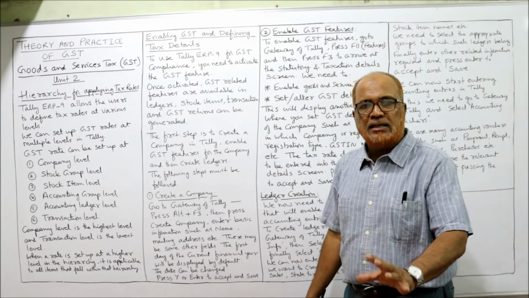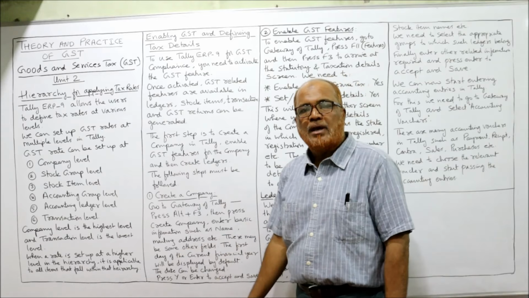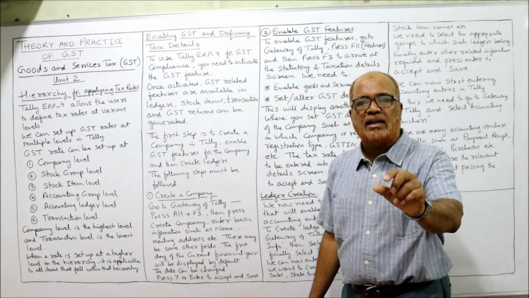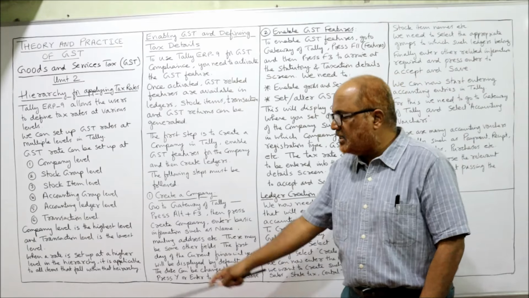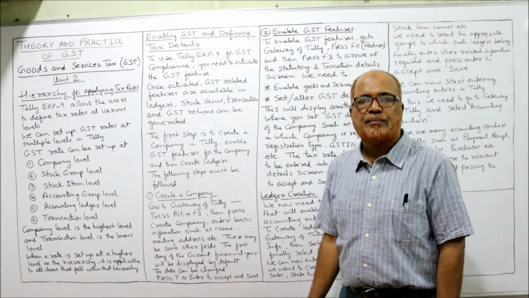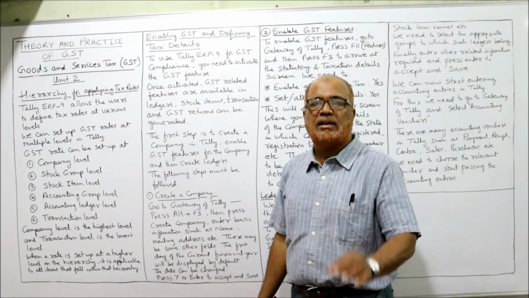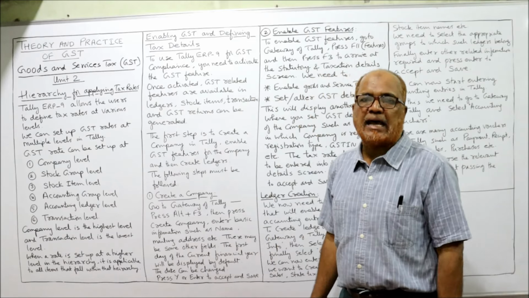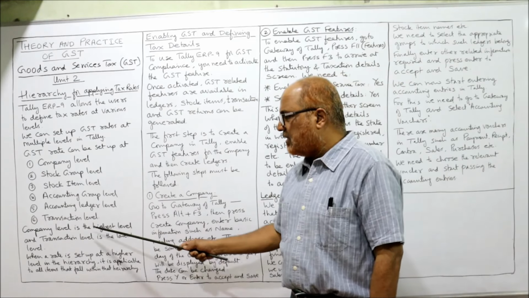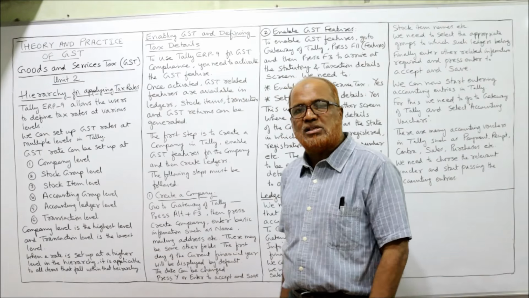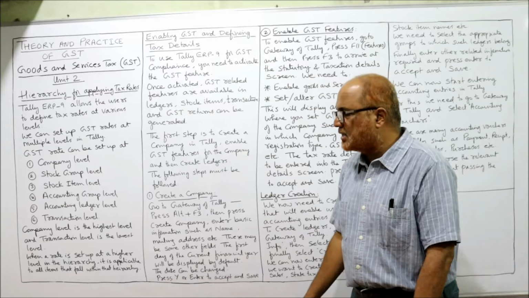The highest level is the company level, and the lowest level where he can fix the tax rate is the transaction level.